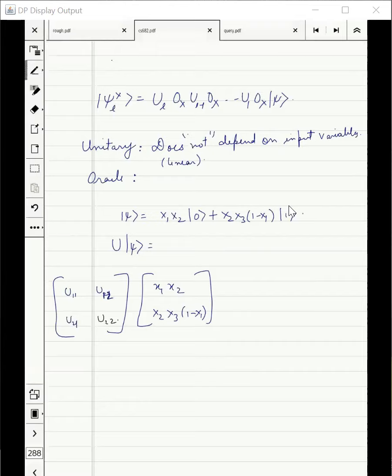These are all constants. They do not depend on x1, x2. If you multiply, you will see this is where the new amplitudes will come. And these will be a polynomial of degree at most 3, because this will be a linear combination of previous amplitudes.